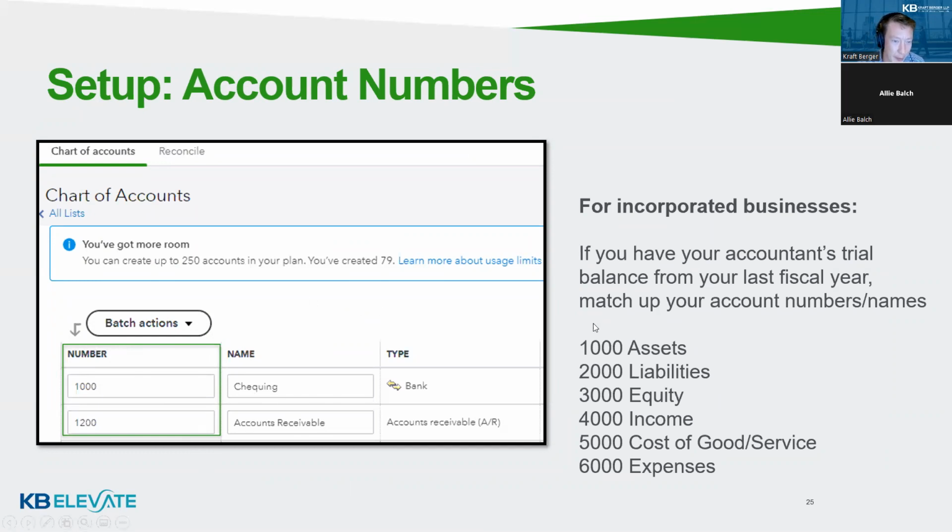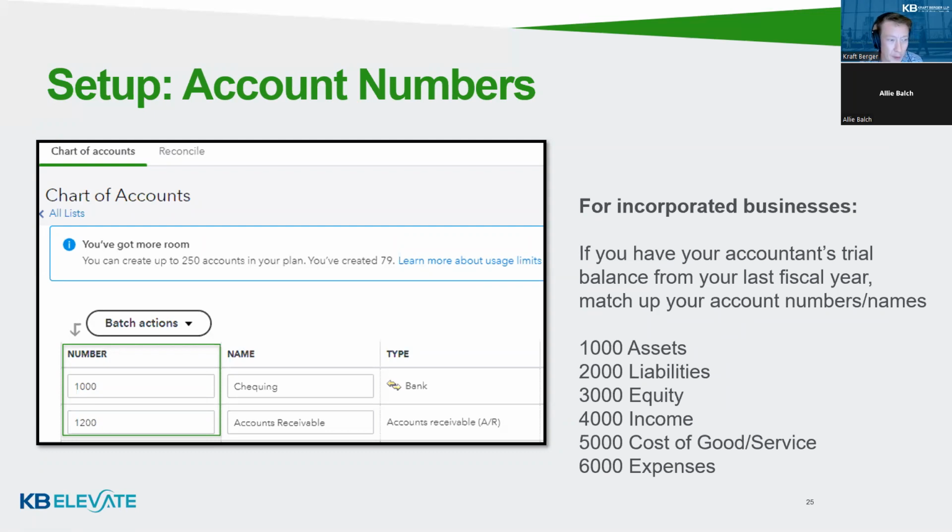Very simply, I have got a general nomenclature for how that should be coded. But if you have already filed a year-end with your accountant, ask for their trial balance and just match up your names and your account numbers to theirs.